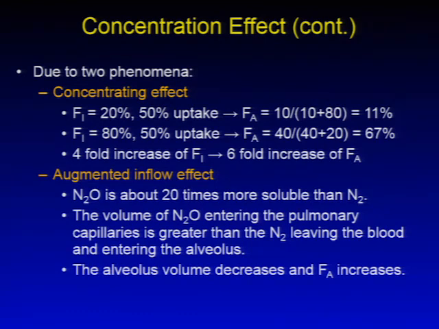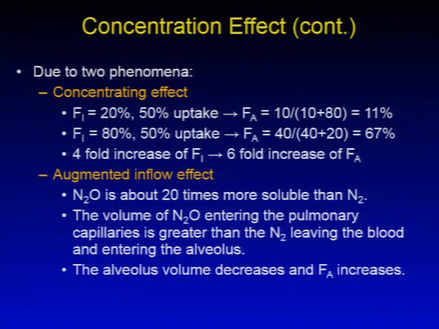When you increase the concentration of the gas from 20 to 80%, what will happen? With the same 50% uptake, the alveolar gas pressure becomes 67%. Why? Because of the 80% gas, 50% of it is absorbed into the water. That leaves 40% equivalent volume inside.